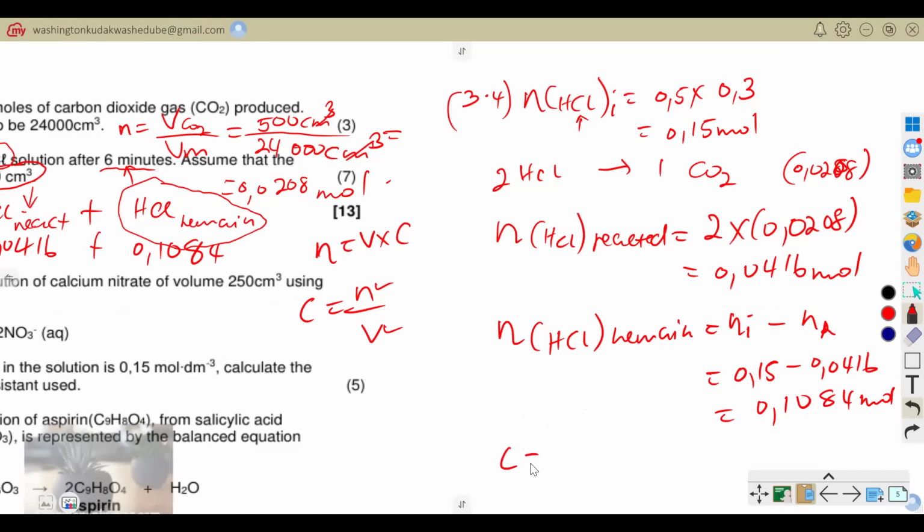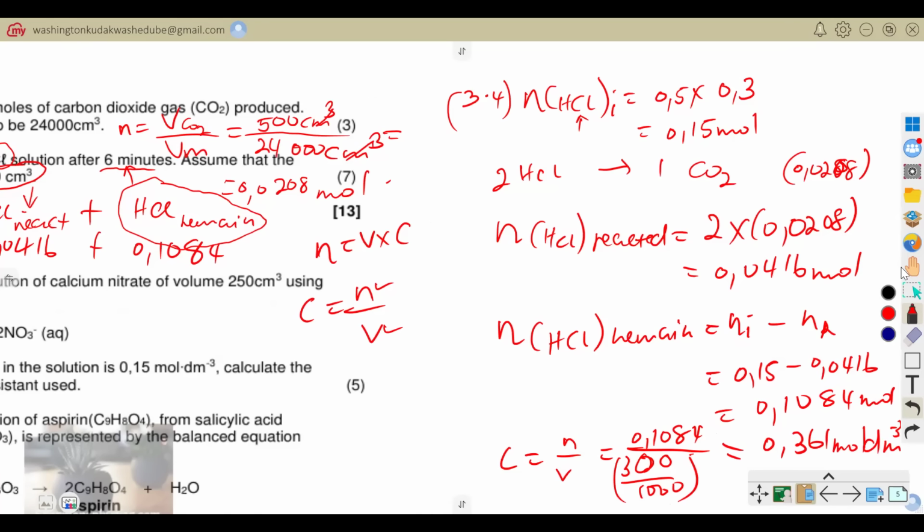Now to find concentration, we would say the number of moles divided by the volume. So the remaining number of moles, it's 0.1084 divided by the volume that we have, which is 300 divided by 1000. Then the final concentration, if I divide these two, I was going to get a final concentration of 0.361 moles per decimeter cubed.